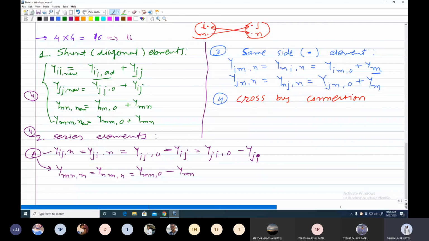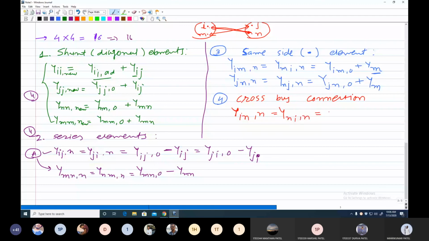So for cross connection, first we'll calculate YIN new is equal to YNI new, which is equal to, yes, can anyone help me to write down this equation?